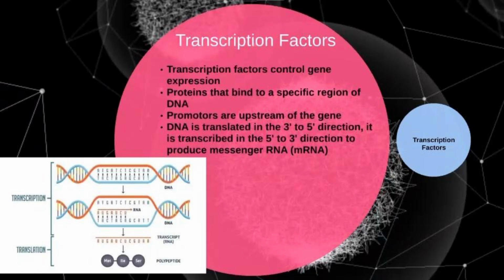As I just mentioned, transcription factors can control gene expression by regulating the rate of transcription of the DNA. Transcription factors bind to areas of DNA that are called promoters, and these are upstream of the gene that is being transcribed.